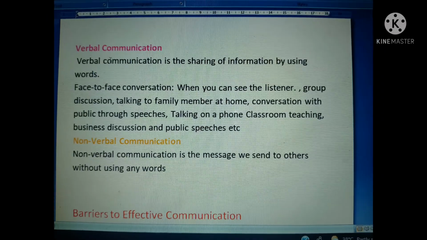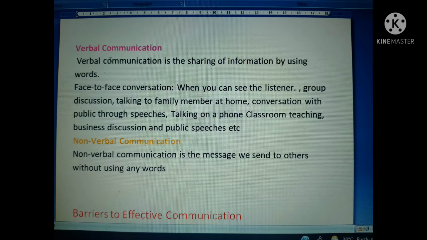Then let us go to another topic, types of communication. It can be divided into verbal communication, non-verbal communication and visual communication. So now let us discuss verbal communication. Verbal communication is the sharing of information by using words.